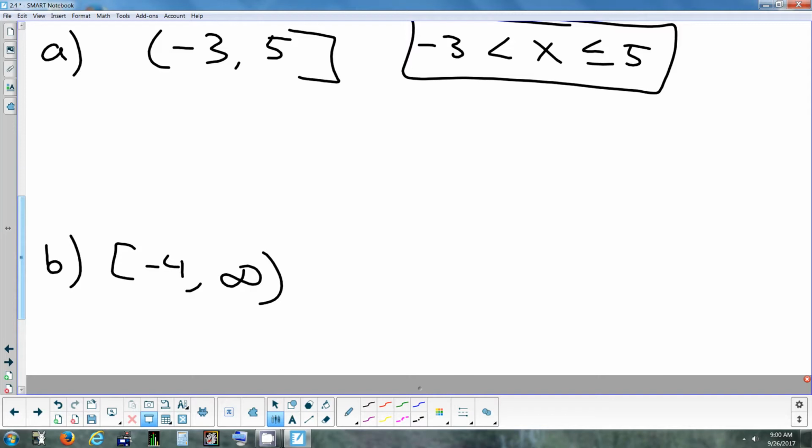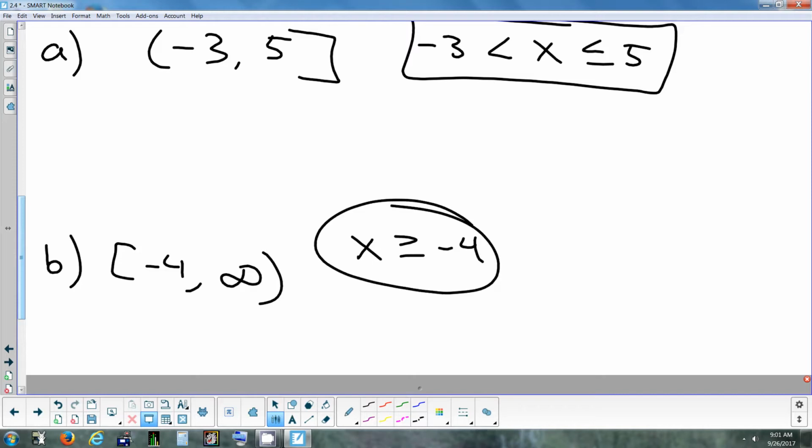Let's say x is less than or equal to -4? Greater than or equal to? Greater than or equal to, right? Because this means you can pick any number from -4 up to infinity. So x is greater than or equal to -4. So not every inequality has to be a compound inequality. This one's not. Unbounded intervals you don't write as compound inequalities.